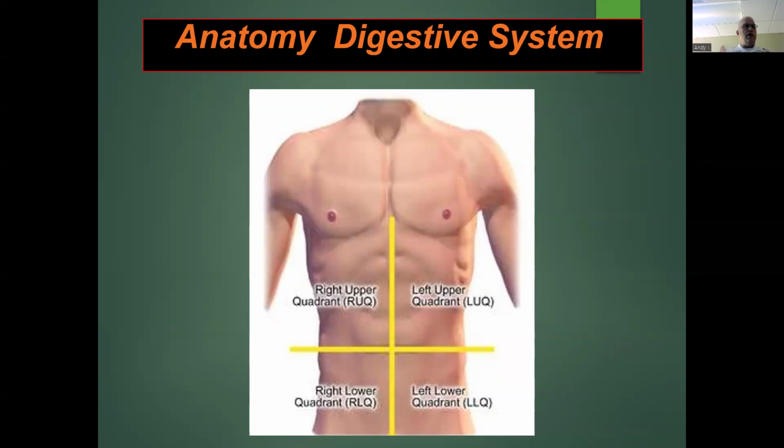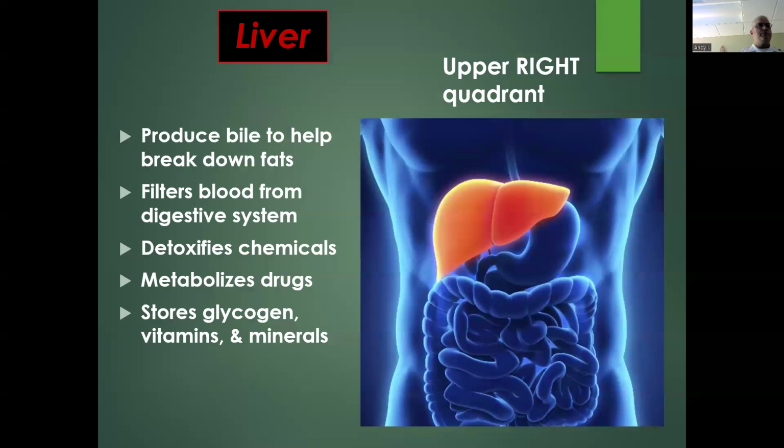When we look at anatomical areas of the body, we talk about the abdomen in quadrants. We have the right upper quadrant, the left upper quadrant, the right lower quadrant, and the left lower quadrant. In the right upper quadrant, this is where the liver is.